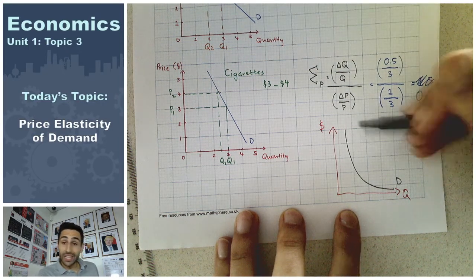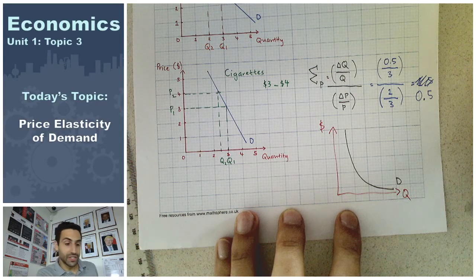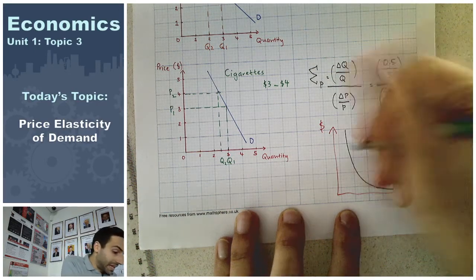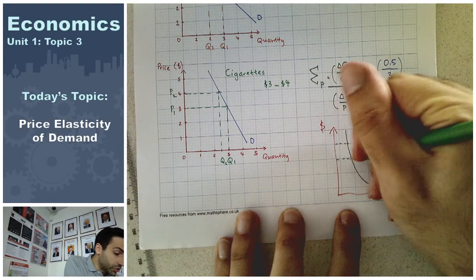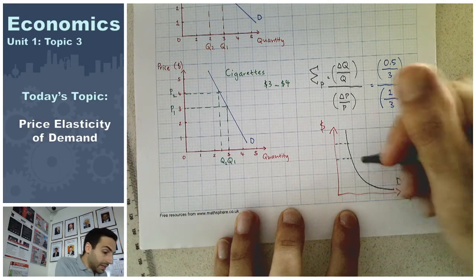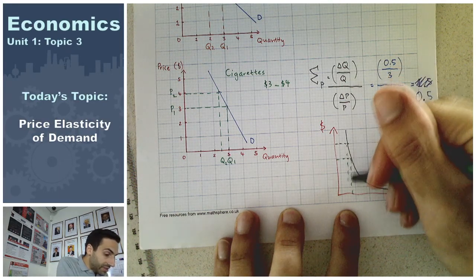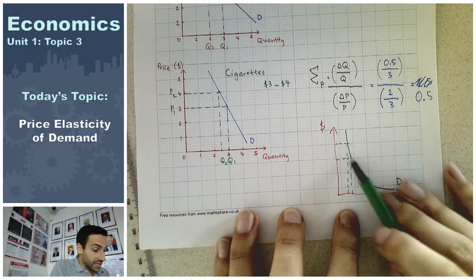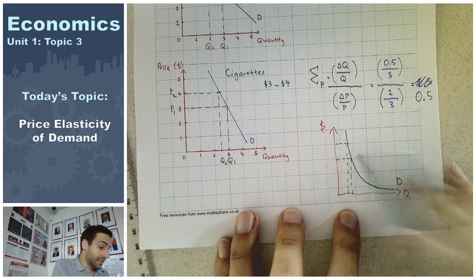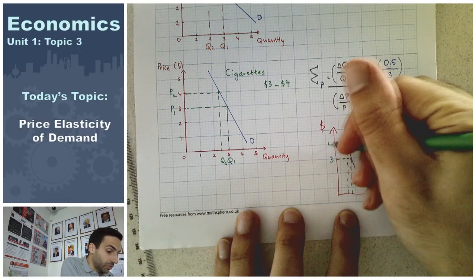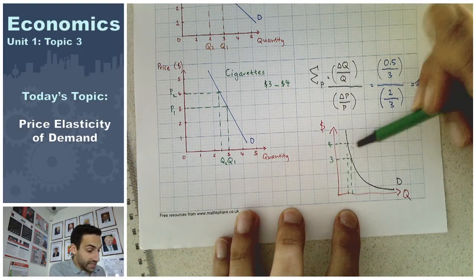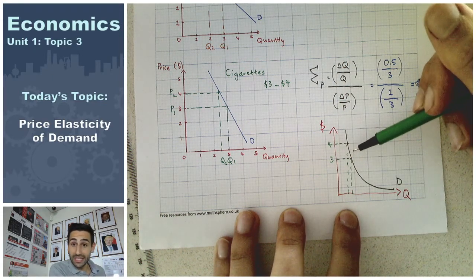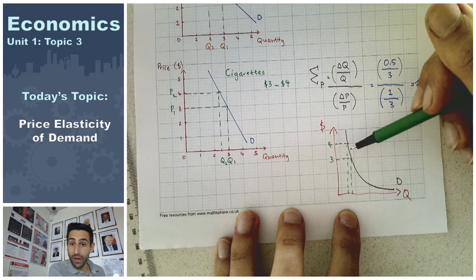Because the line actually curves, depending on what prices we choose, they will yield a different elasticity coefficient. Take this segment here, let's say that's $3 to $4. This segment will probably be inelastic just by looking at the slope of the line.